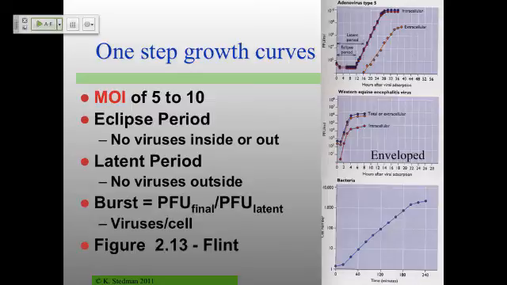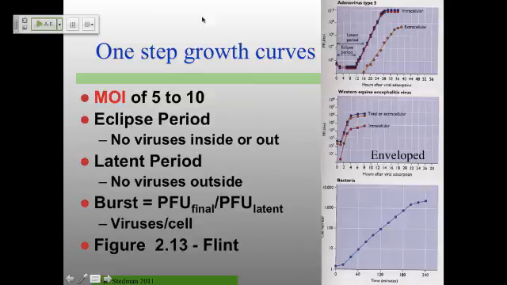Okay, there's a couple of other things that you can get from these one-step growth curves. One thing that a lot of people will talk about in terms of viruses is what's called the burst size. All that is the number of plaque-forming units you have at the end of your one-step growth curve divided by the number of plaque-forming units that you have during the latent phase of your one-step growth curve.